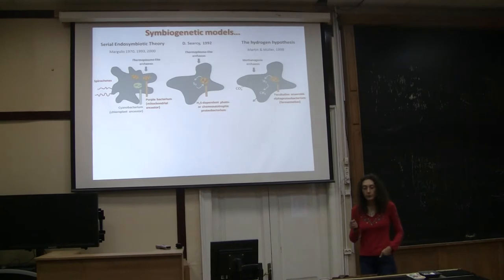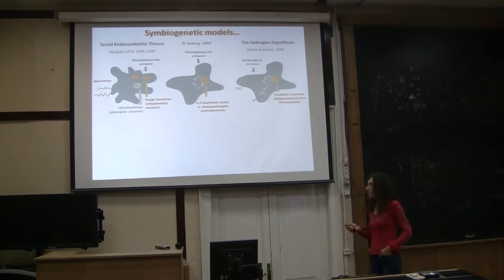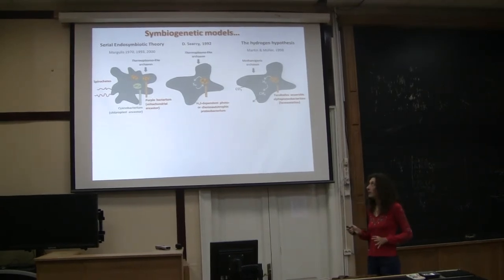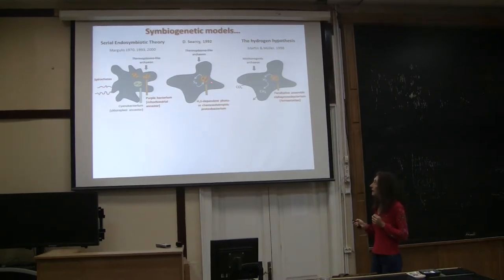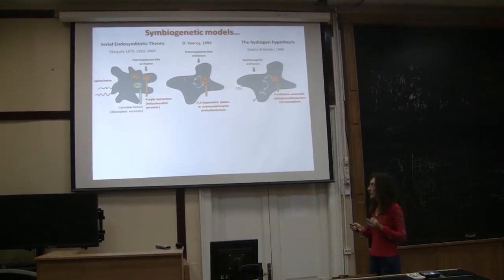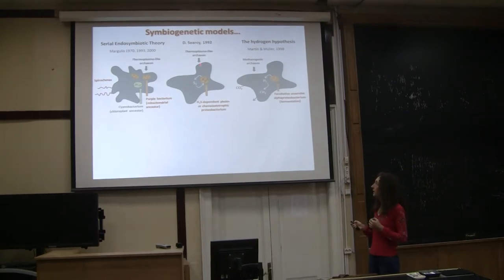But then we have two other models that are actually more or less the same model, or they are based on the same principles, and the principle is the following, that the incorporation of an alpha proteobacterium within an archaeon triggered eukaryogenesis. Okay, and this is very important. These two models are the model proposed by Denis Searcy in 1992.